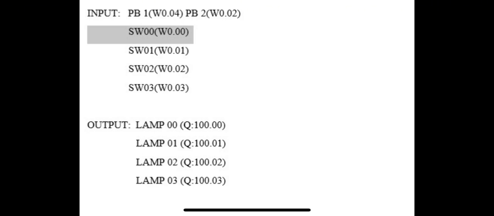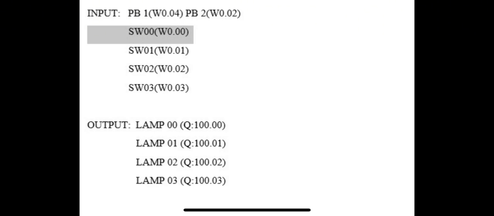The address for PB1 is W0.04 and for PB2 W0.02. For switch 00, the address is W0.00. For switch 01, W0.01. Switch 02, W0.02. And lastly, for switch 03, W0.03.